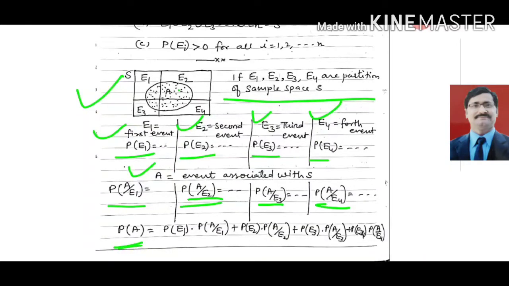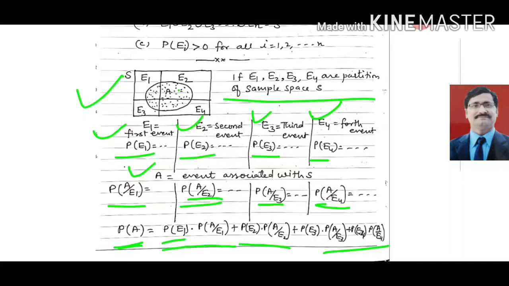Now if the question is what is the probability of A, then if the E1 event happens, it will be P(E1) into P(A/E1). If E2 is given, then P(E2) into P(A/E2), and if E3, then P(E3) dot P(A/E3) plus P(E4) dot P(A/E4). So there are 4 possible cases: if E1 is given, A can happen; E2 given, A can also happen; E3 given, A can also happen; and E4 given, A can also happen.